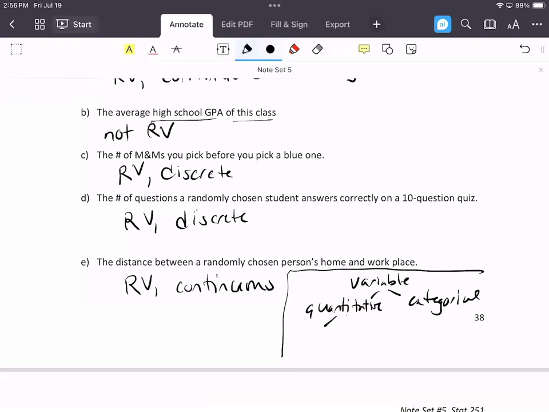Now we can break those quantitative variables into two. They can either be discrete, in other words, countable, we can count the values, or continuous. And that's when there's an interval of values. A lot of times when I see decimal points, I question right away, oh, is this discrete or not?